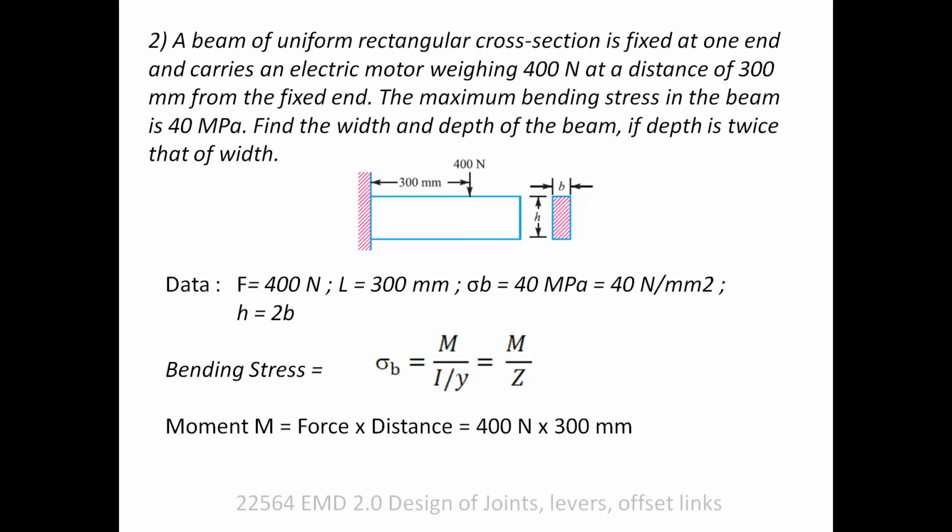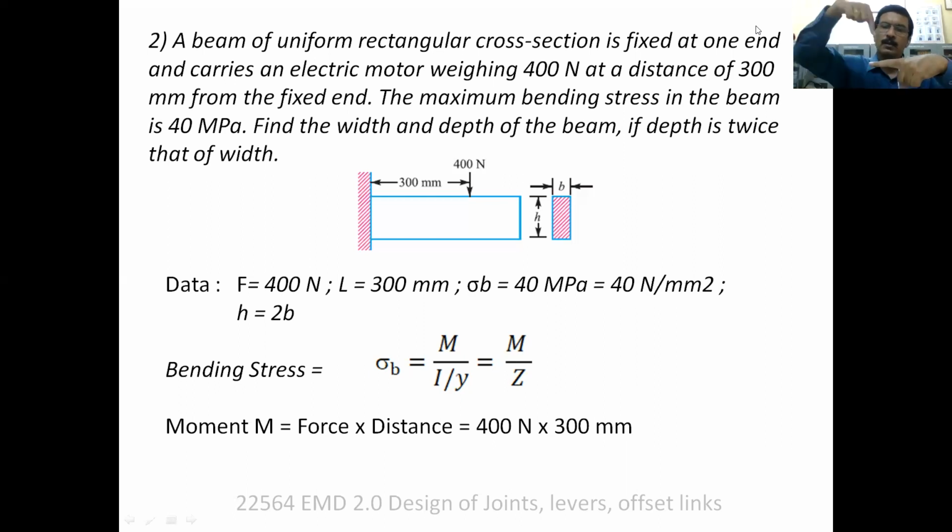The moment in the cantilever that we can find very easily. Why? Because the cantilever will feel like this. Now if you consider this cantilever, the cantilever is subjected to load like this, so it will bend. When it bends like this, the upper portion is obviously in tension, the bottom portion is in compression. So here the possibility of the failure is directly proportional to the distance.